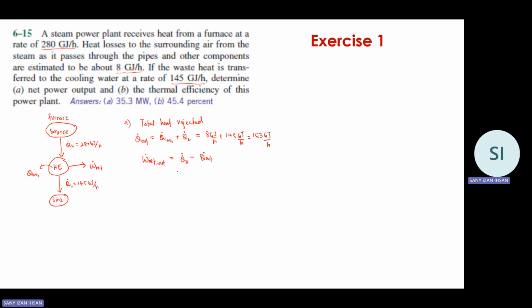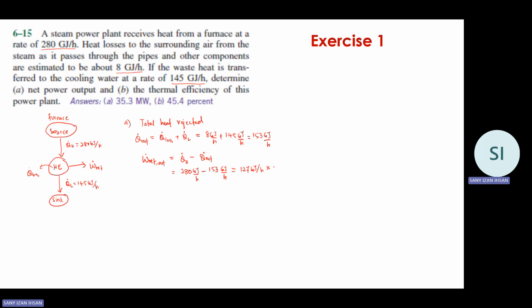QH is given, 280 gigajoule per hour, minus Q out already calculated above, 153 gigajoule per hour. That would be 127 gigajoule per hour.